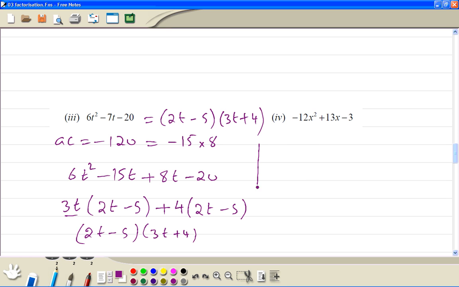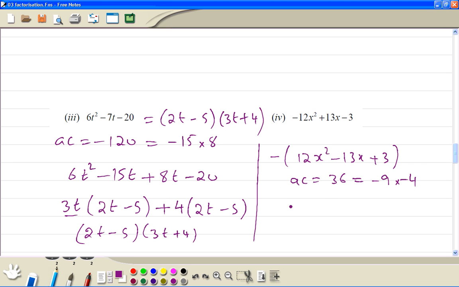First we write this minus sign outside, we write 12x squared minus 13x plus 3. Now 12 times c is equal to 36, and the two factors of 36 that add up to minus 13 are minus 9 times minus 4.